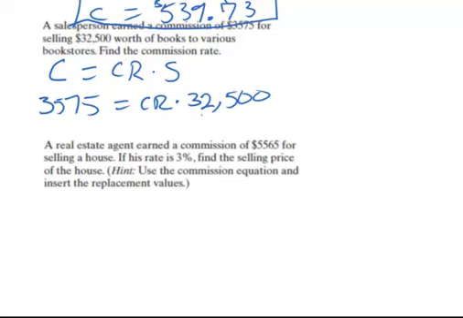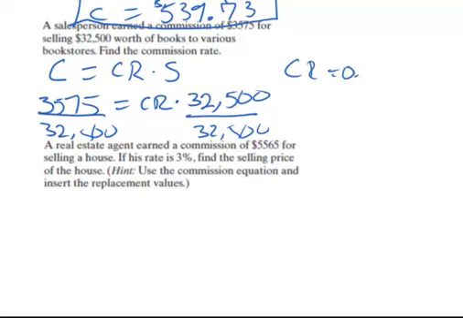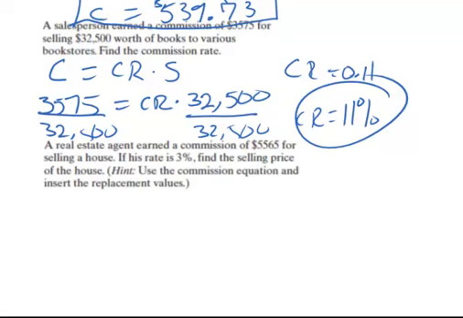This is being multiplied, so we want to do the opposite, which is to divide. So I'm going to take my calculator, 35.75 divided by 32,500, and I'm coming up with 0.11. Remember, 0.11 is the same thing as 11%.